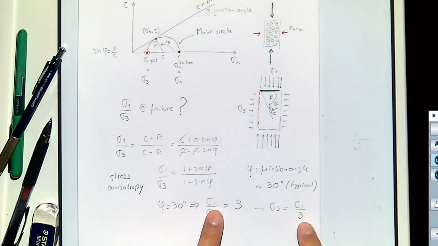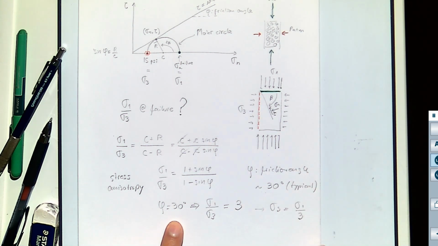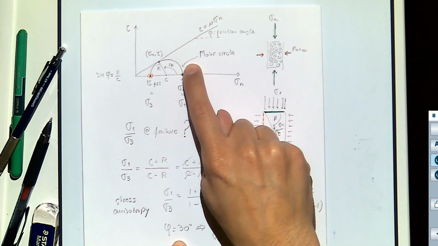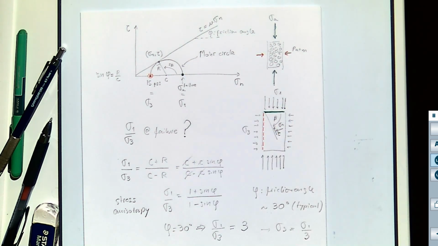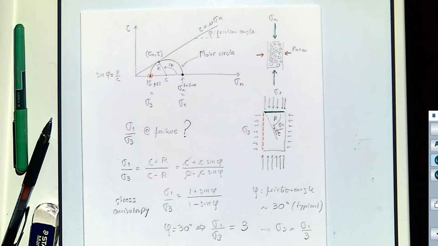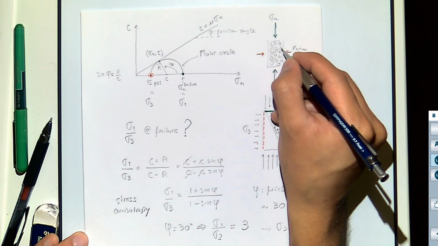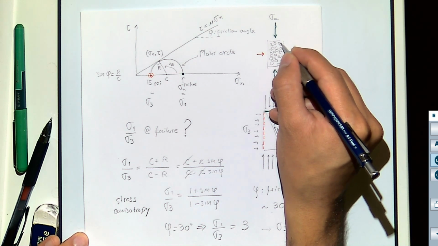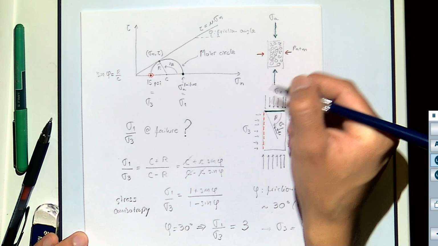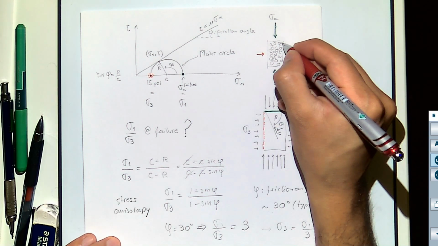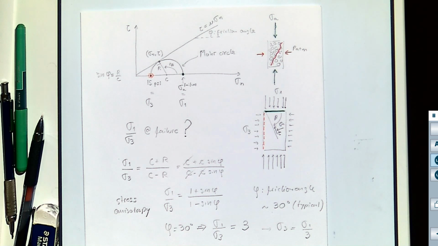For a typical friction angle, the maximum stress you can put in the vertical direction, if you're applying a vertical loading, is going to be just 3 times the horizontal stress. And why? Because otherwise, the rock is going to fail in shear. And when it does fail in shear, what we will get is a failure plane, which is going to be, let me do it with color, a steep plane.